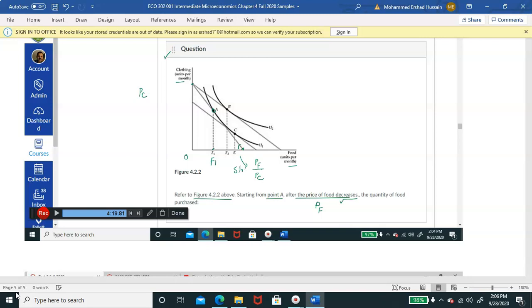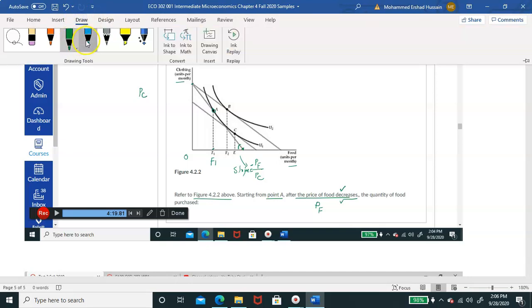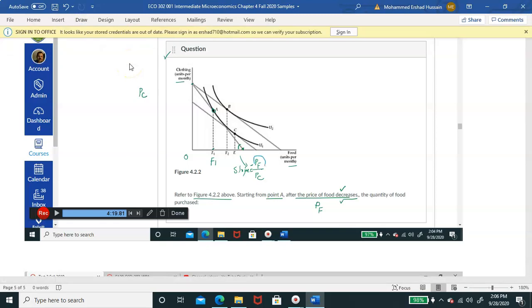Now the price of food decreases, which means PA becomes smaller.